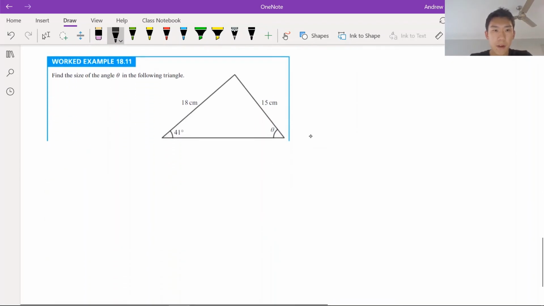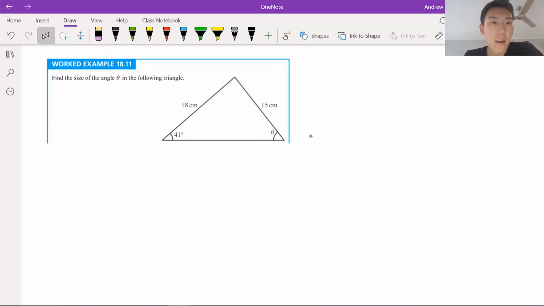Okay, finally, find the size of the angle theta in the following triangle. Okay, so this one will demonstrate the ambiguous case of the sine rule. All right, so let's set up the sine rule.